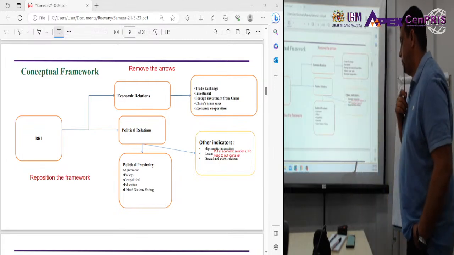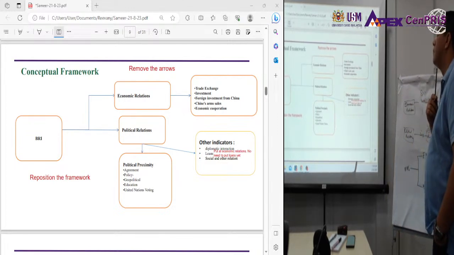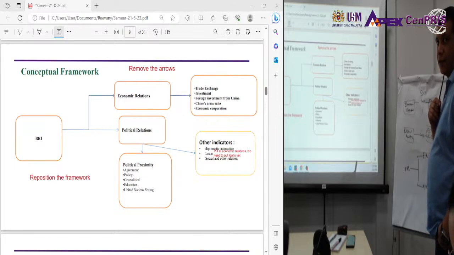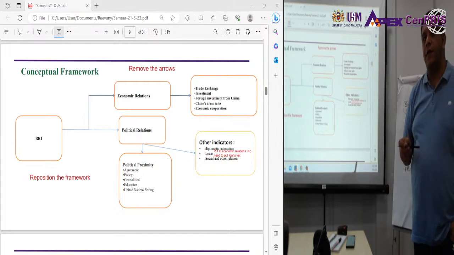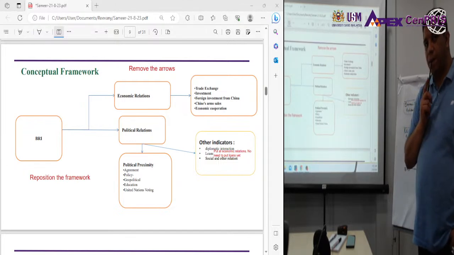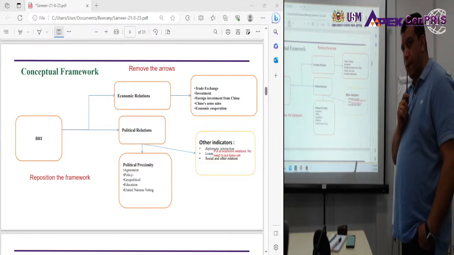This is not very difficult, not too complex. You only have four things here: economic relations, political relations, political proximity, and BRI. So it's not too hard to play around. The argument you want to examine is what leads to what, right?